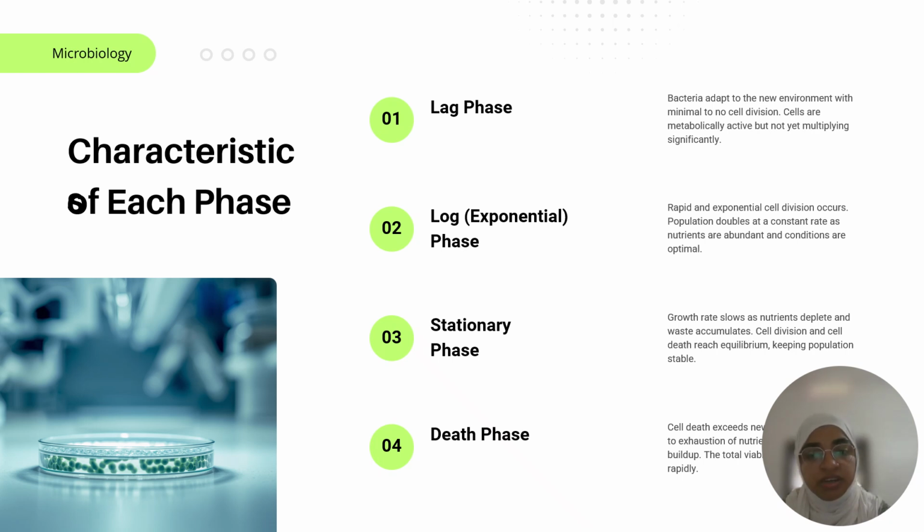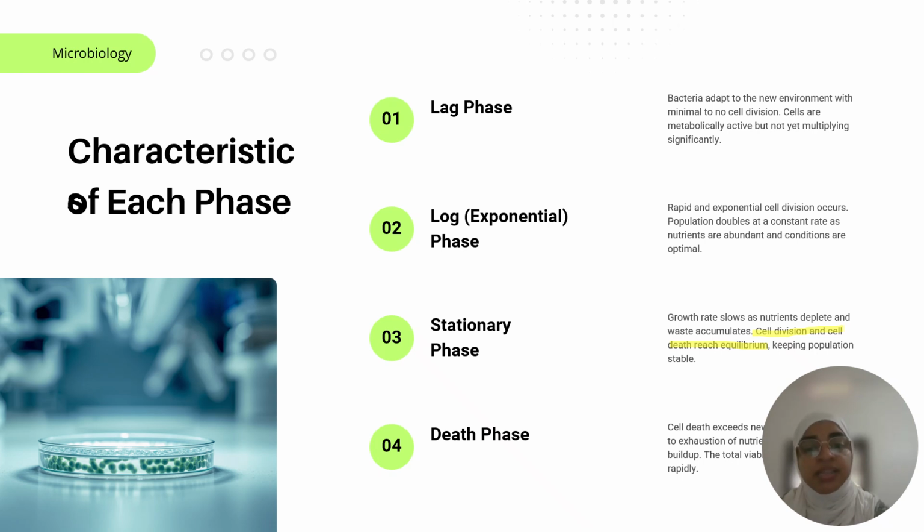The third phase is the stationary phase. In the stationary phase, growth rate is low, nutrients are depleted and waste is accumulated, so cell division is slow. Cell division and cell death reach equilibrium. That may be the reason the graphical plateau is formed.